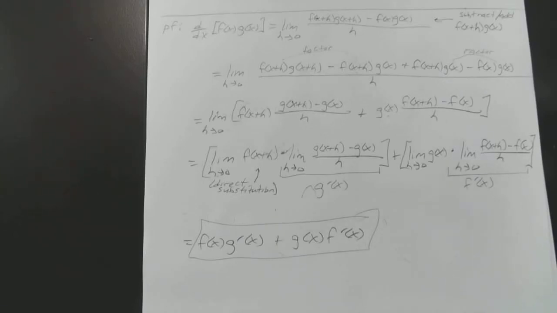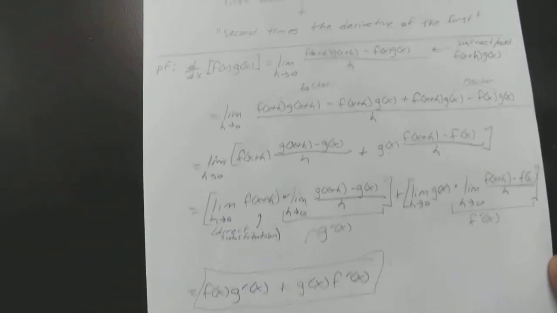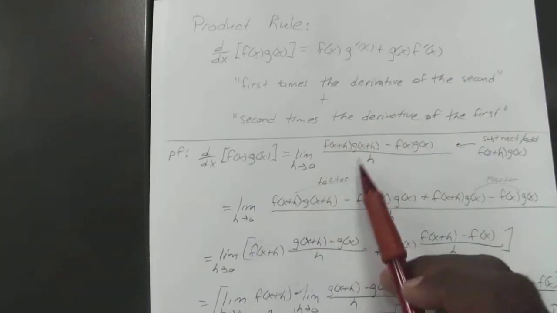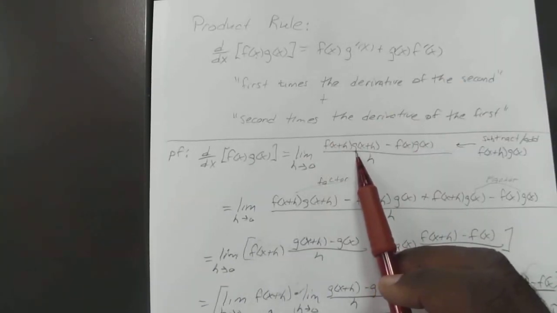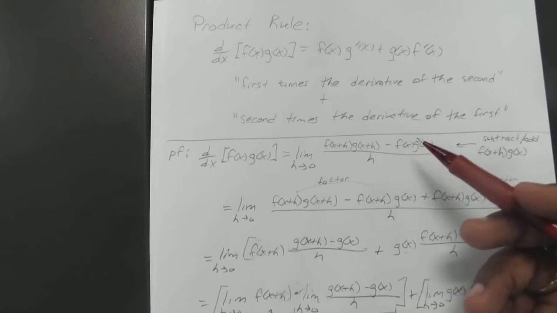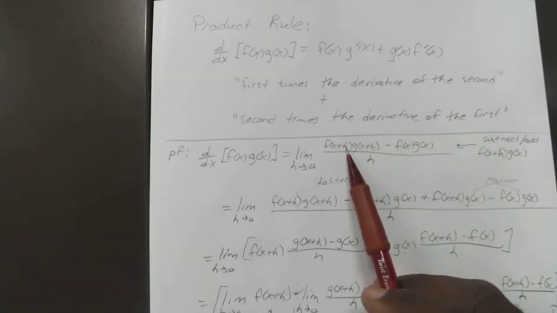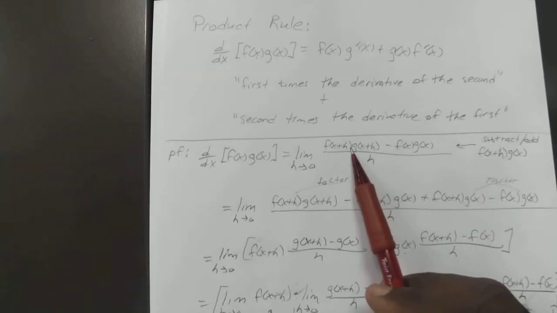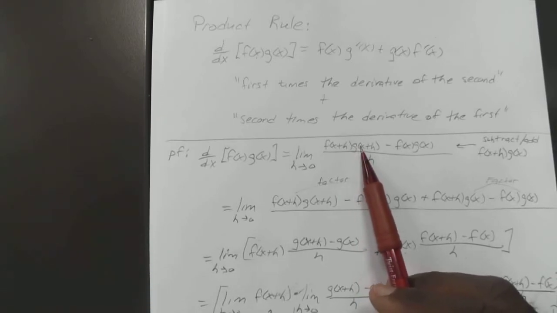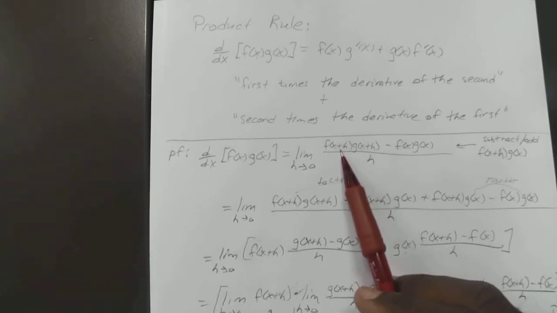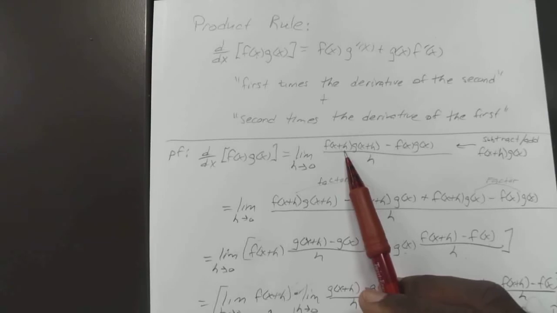How did you know necessarily how to factor out the f of x plus h in each problem, and then the g of x in the separate one? Because with this one, you knew you wanted to create an f prime of x and a g prime of x. Right. So to get the g prime of x, you had to get rid of this f of x plus h. Yeah.